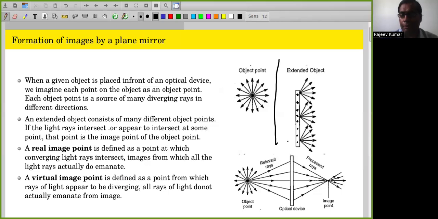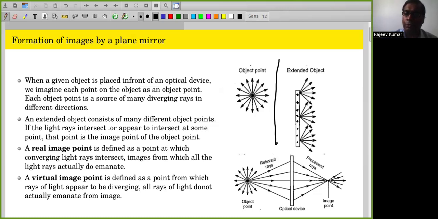Now the image formed can be of two types. One is called a real image, another is called a virtual image. A real image is defined as a point where the converging light rays actually intersect, and this image can be taken on a screen, while a virtual image is defined as a point from which light rays appear to be diverging, and the light does not actually emanate from the image.